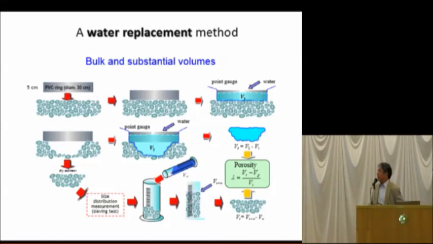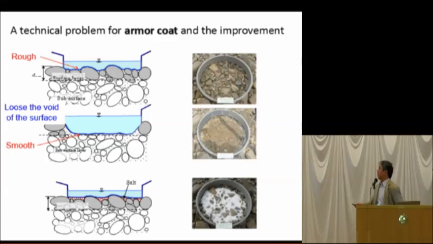But we have a technical problem in this method for an armor coat. Because the surface of the armor coat is very rough. But if we remove this surface material, maybe the fine sediment appears, so this boundary will be very smooth.